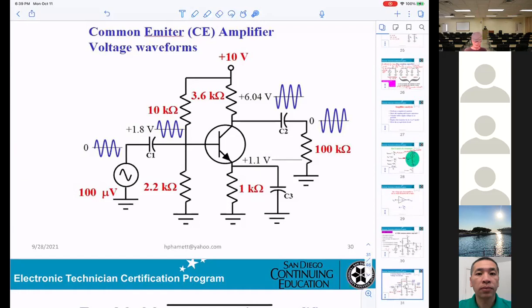The value of AC is a lot smaller compared to DC. Correct. So therefore, if you do not block DC, you won't be able to see the AC. Exactly. That is really understanding.